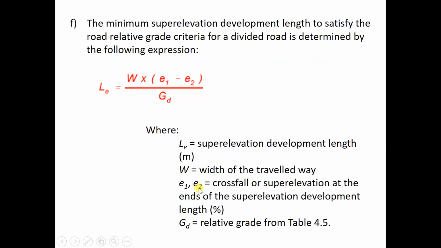E1 and E2 are the same as before, the start and end of the super elevation development length. GD is the relative grade from table 4.5.